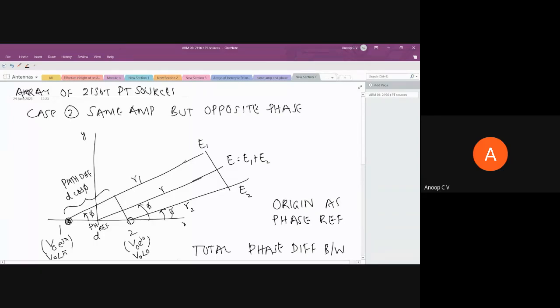When I say origin as phase reference, it simply means instead of keeping the source at 1 or 2 or at any other place, if I had kept the source at origin, the phasor field at a distance r would have zero phase. That is in connection with the path difference.